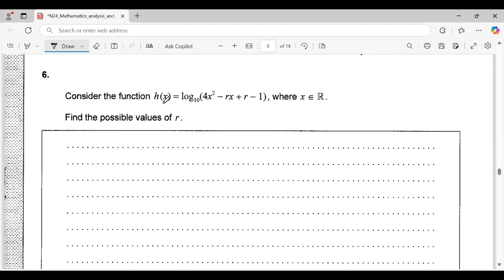The domain for the h(x) function requires that the expression be a positive number for all valid values of x.